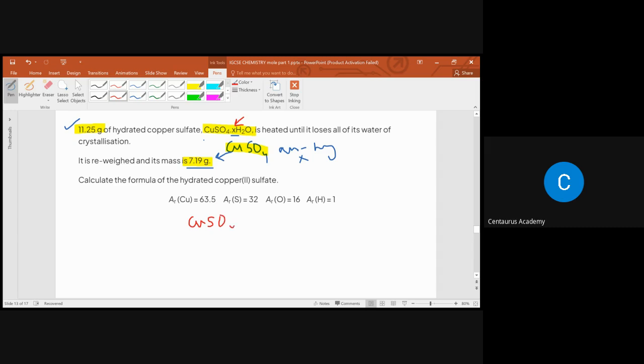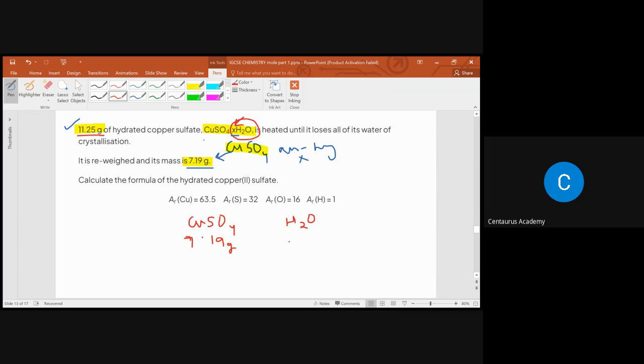Copper sulfate is 7.19 grams by mass. And for water, how do I get the mass of water present within this compound? 11.25 minus 7.19 will tell you the mass of water.